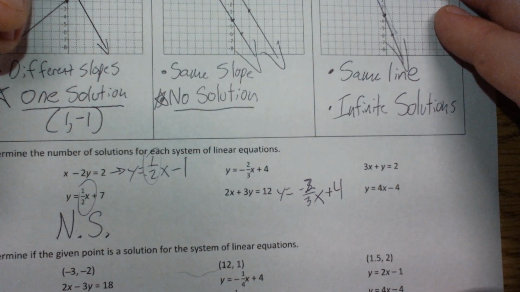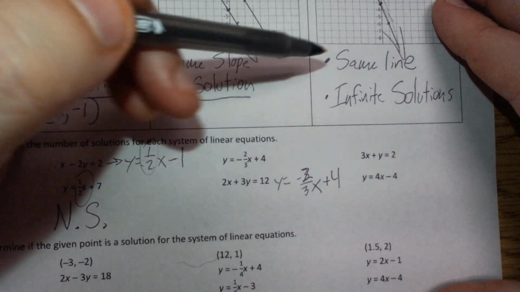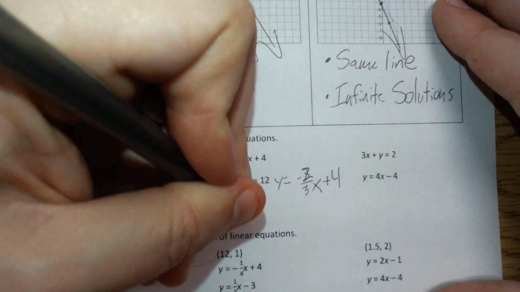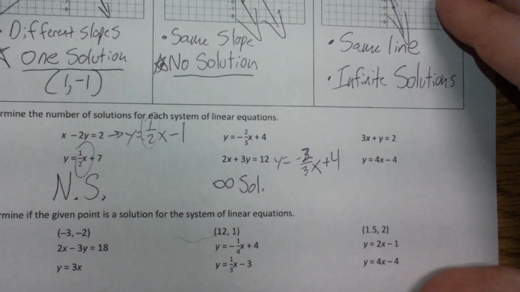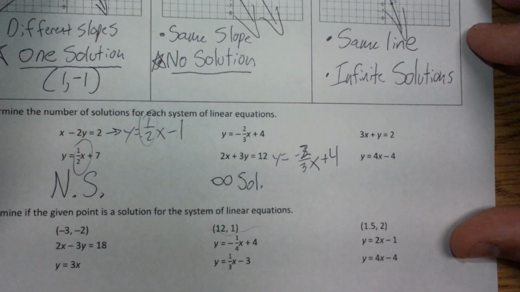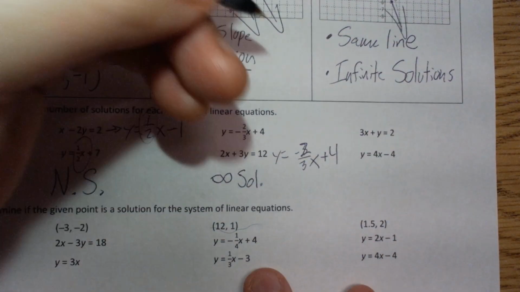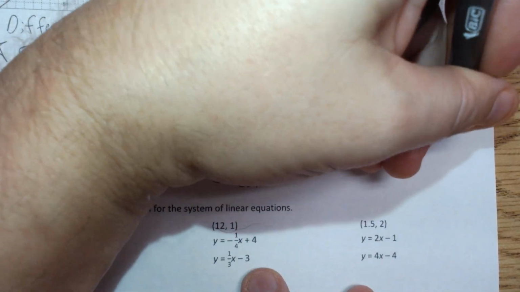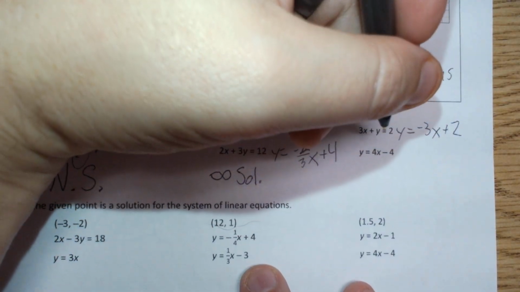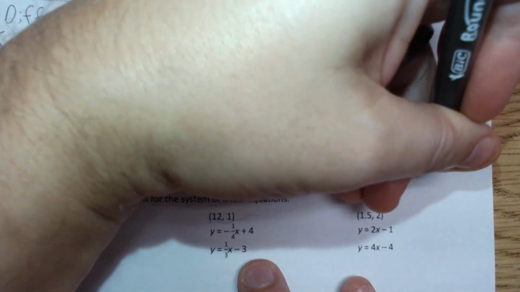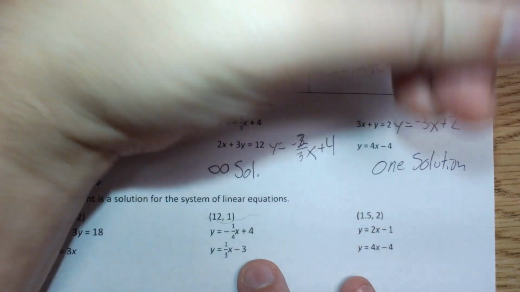So these are exactly the same, and when they're exactly the same, we'll say infinite solutions, and that's the infinity sign, just a shorter way to write it. For this one, when we change it around, we get y equals negative 3x plus 2. Different slopes, so we'll say one solution for that.